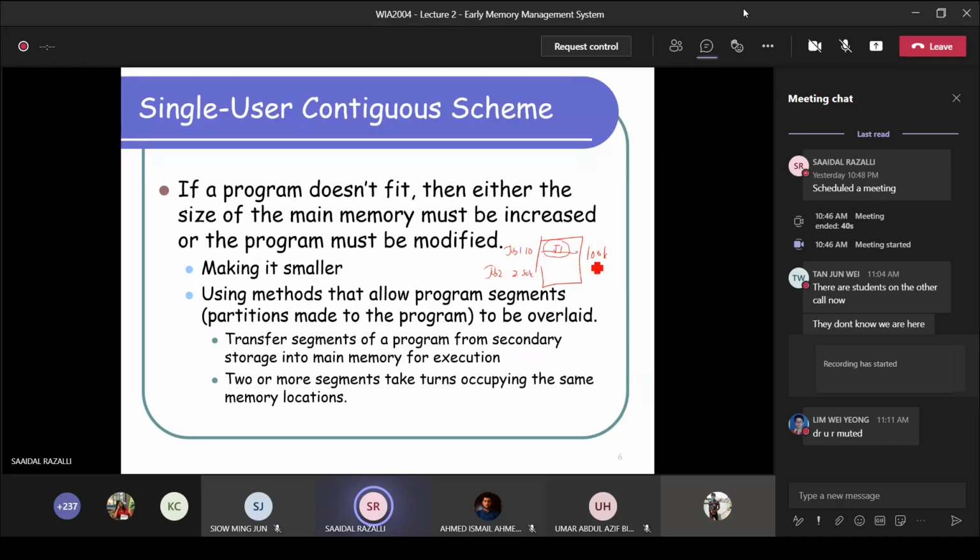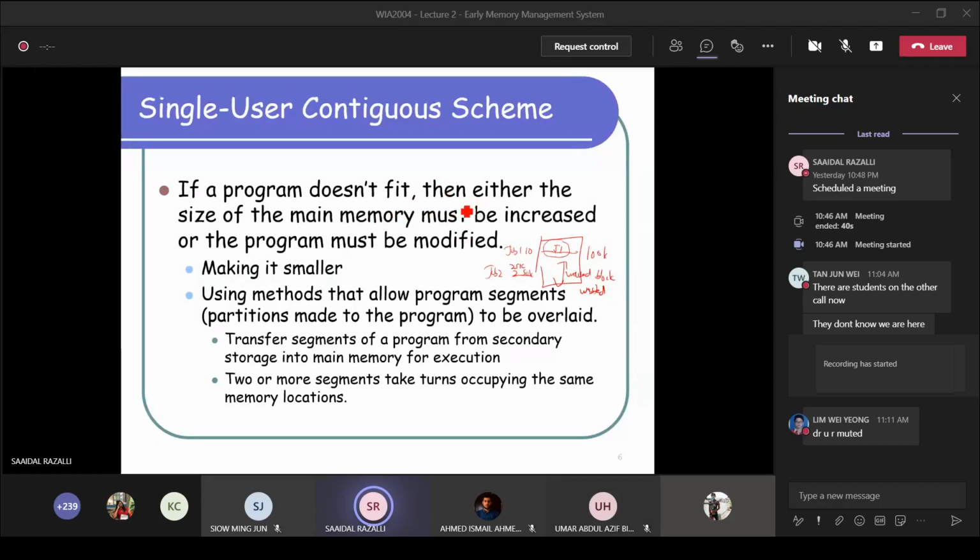Because you have 100K, job 1 is 10K and job 2 is 25K, while job 1 is being processed, job 2 cannot enter the memory until job 1 finishes. So this is an unused block, which is wasted. It's not efficient memory management.